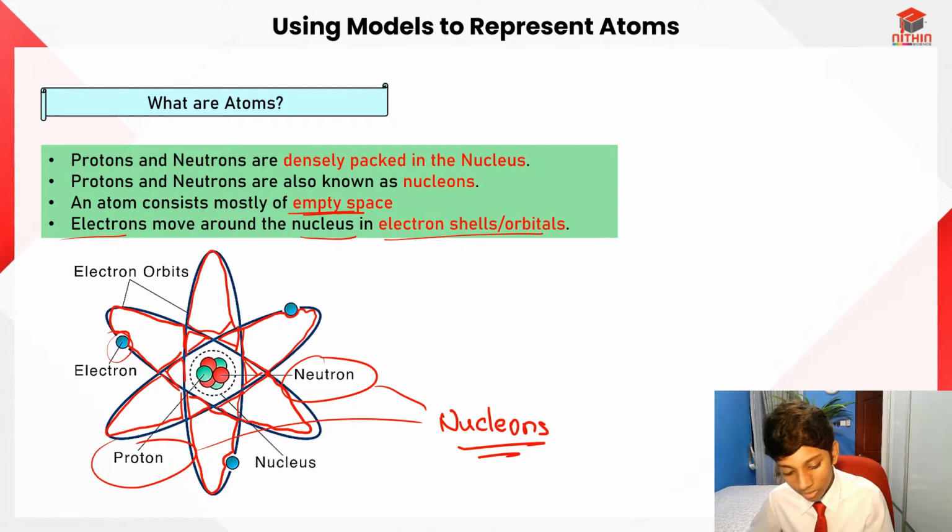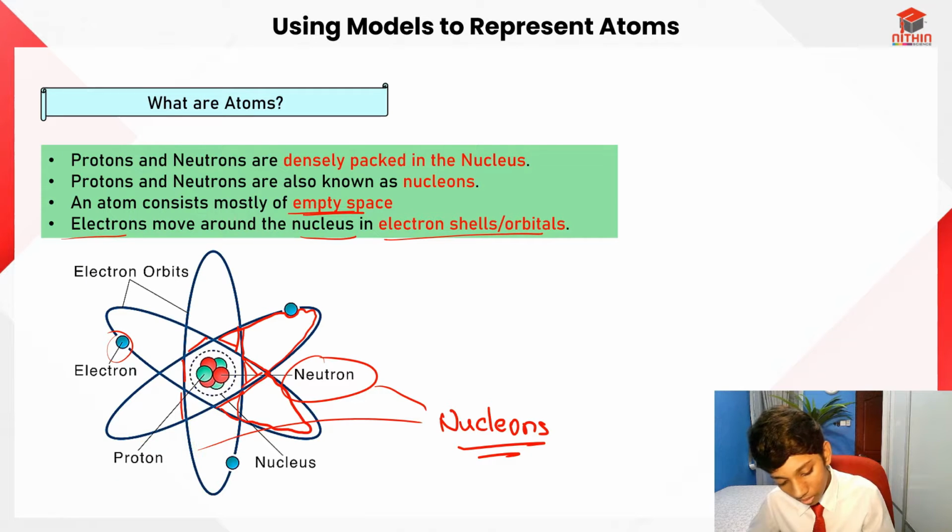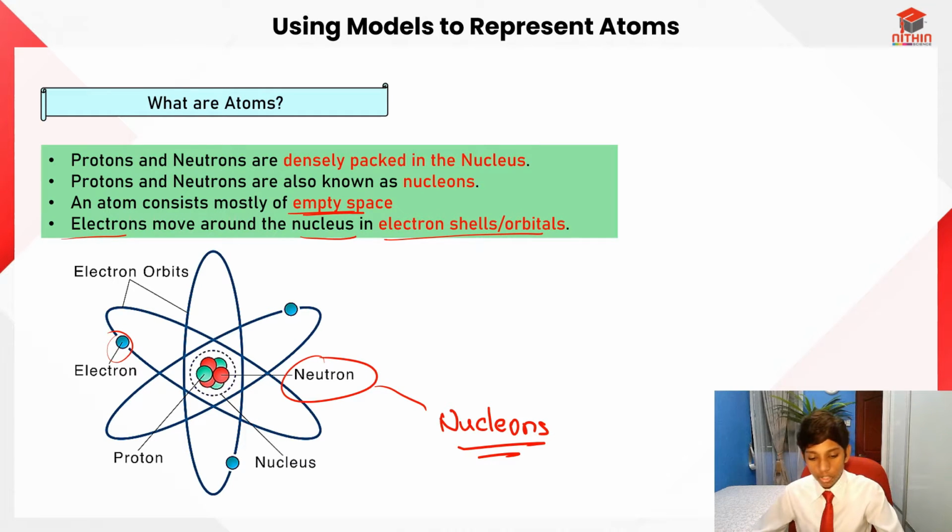Let me erase all of this, it's a bit messy. Electrons are in constant movement around these orbitals, which are called electron shells. I hope you understood that, and I'll cover this more in depth later in this video.